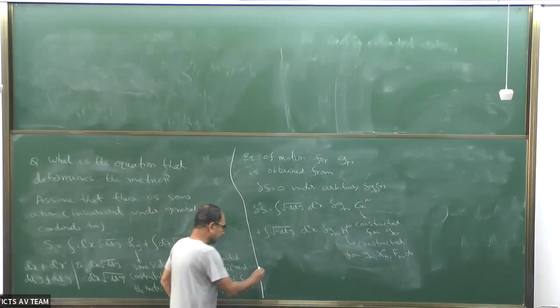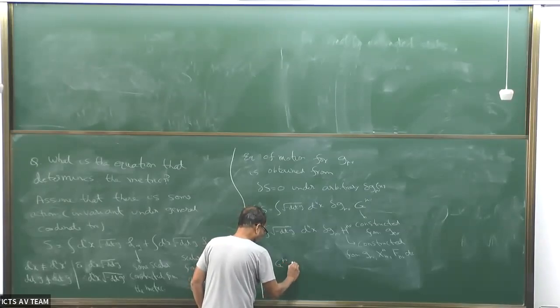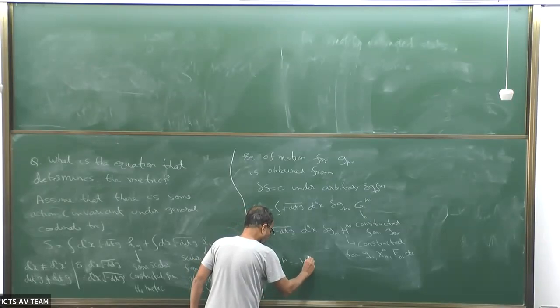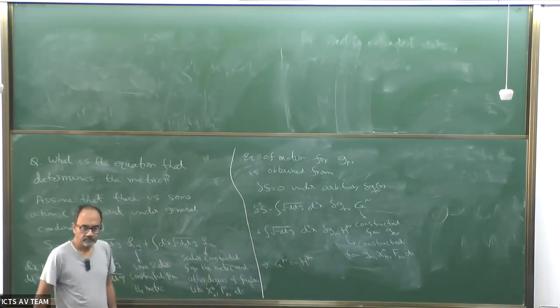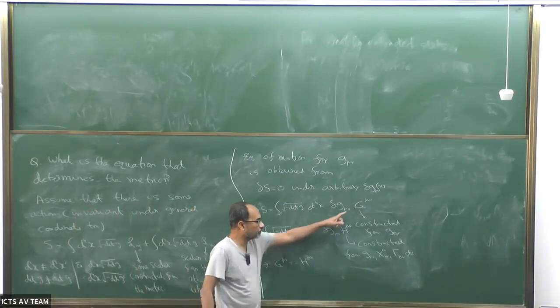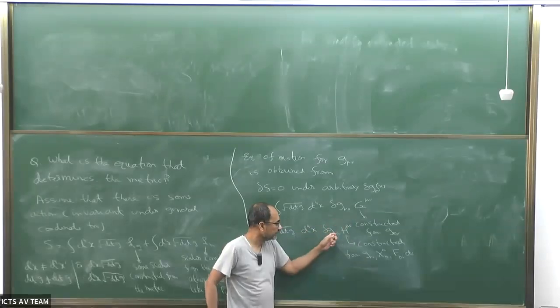So this then tells us that the equation of motion should take the form G^mu nu equal to minus H^mu nu, because the coefficient of delta g_mu nu has to vanish. This can be completely arbitrary. Then we can take this to be localized at a given point, for example, a delta function. So the coefficient should vanish.